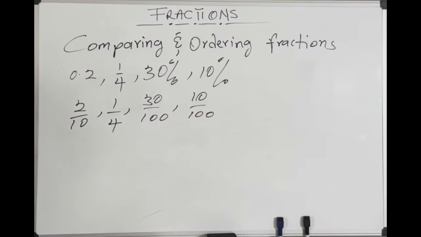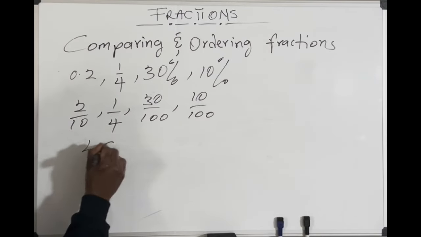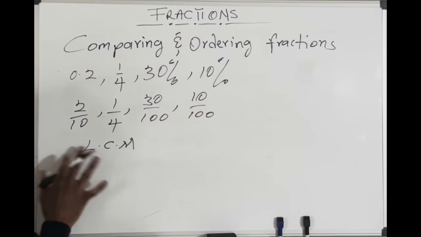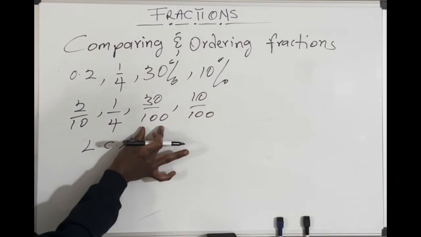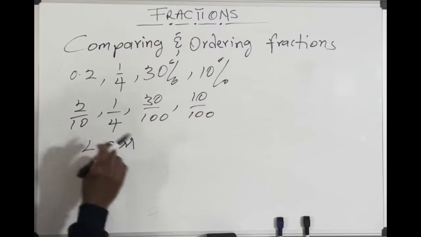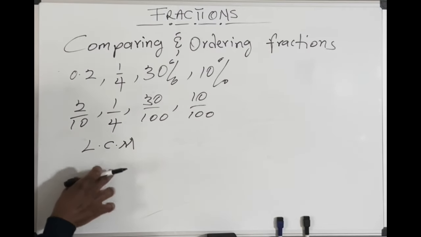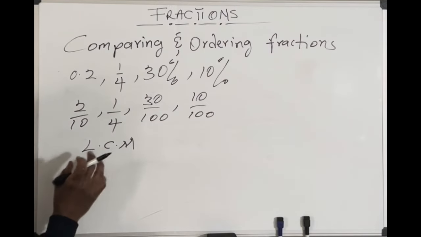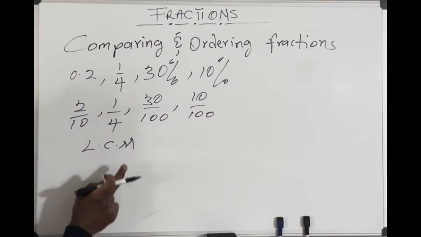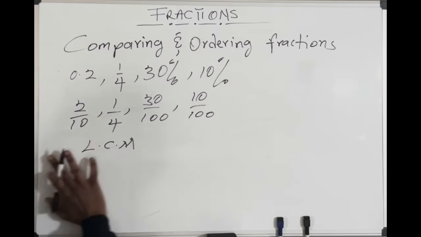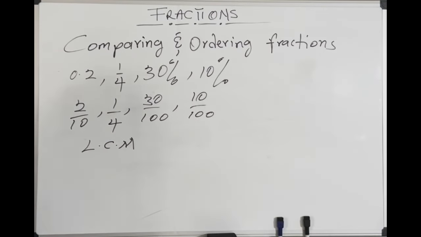Right now we have to look for either the least common multiple or multiply 10 by 4, then what we get, multiply through 200 and then the same 100, and then 2 will go into that number, the final number. What number will go through with a 2? When you get that number, you multiply with the 2. The same thing for 1, 30, 10, and then you have the same denominators, and then you'll be able to go through. Okay, if you don't understand this, please comment and then I'll get into it more.